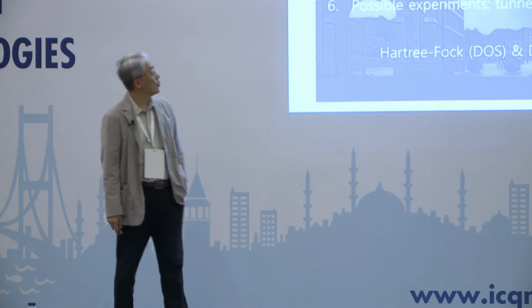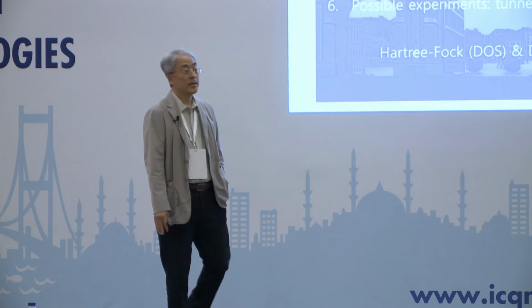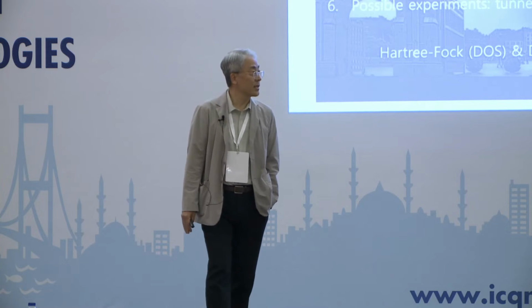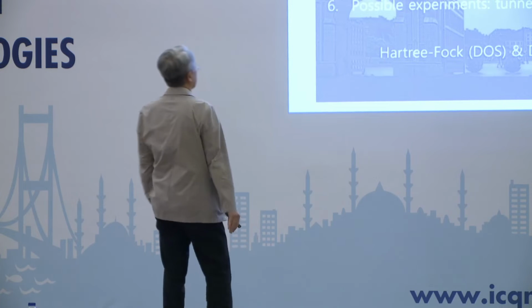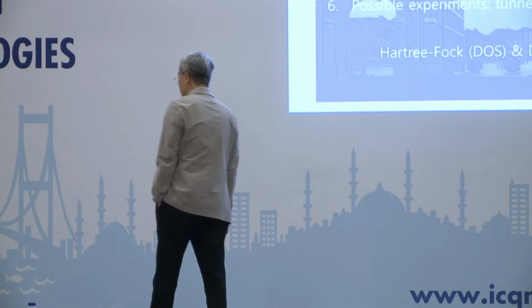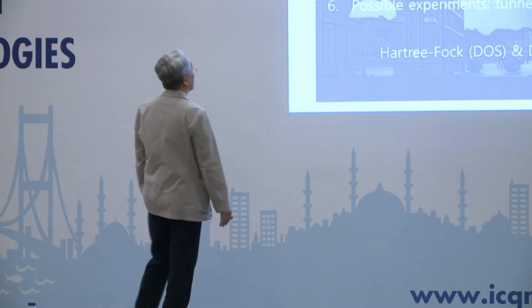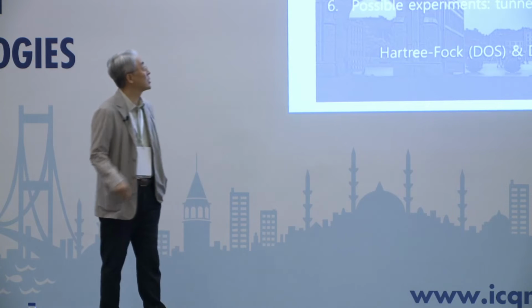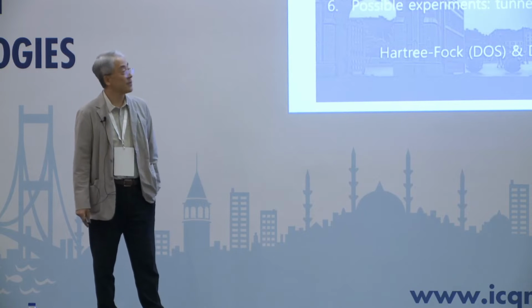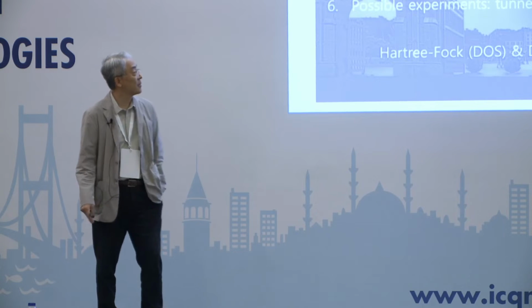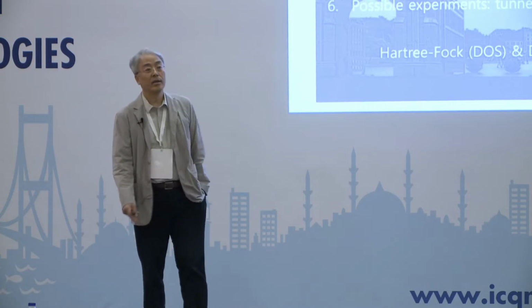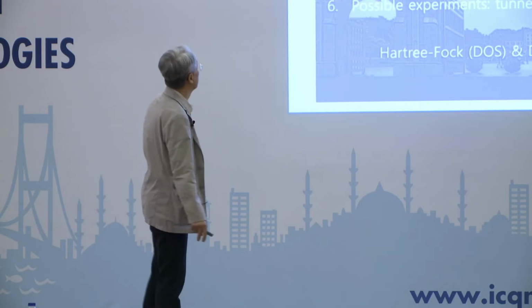Then I'll show you that this system, this zigzag nanoribbon, is a topologically ordered insulator. I'll show you that the topological entanglement entropy is finite and universal, independent of disorder and on-site repulsion.